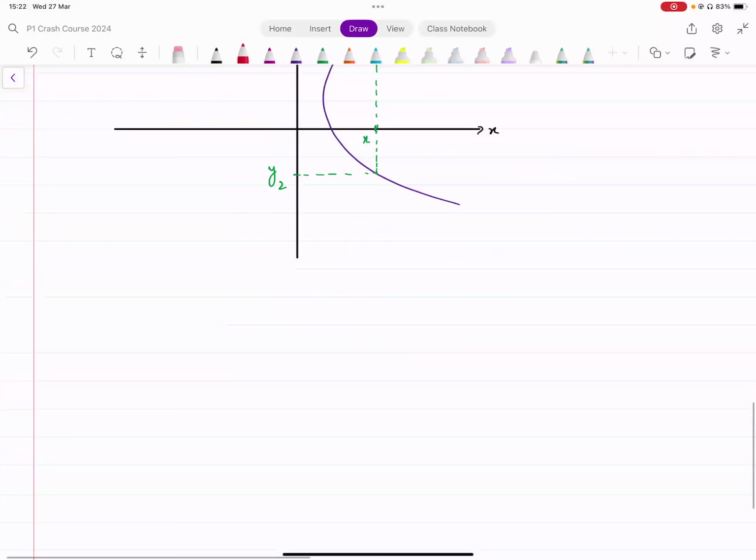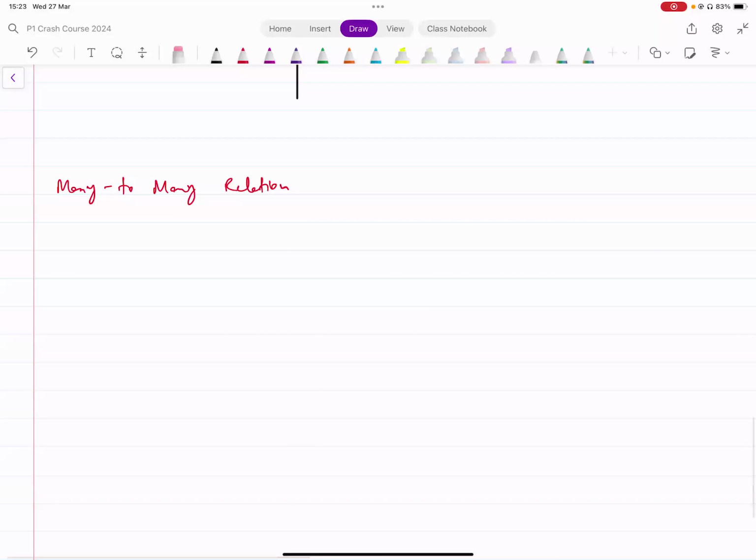Okay. And then we have the last type of relation that's called a many to many relation. And that basically is that one value of x can give you multiple values of y, and also the other way around.